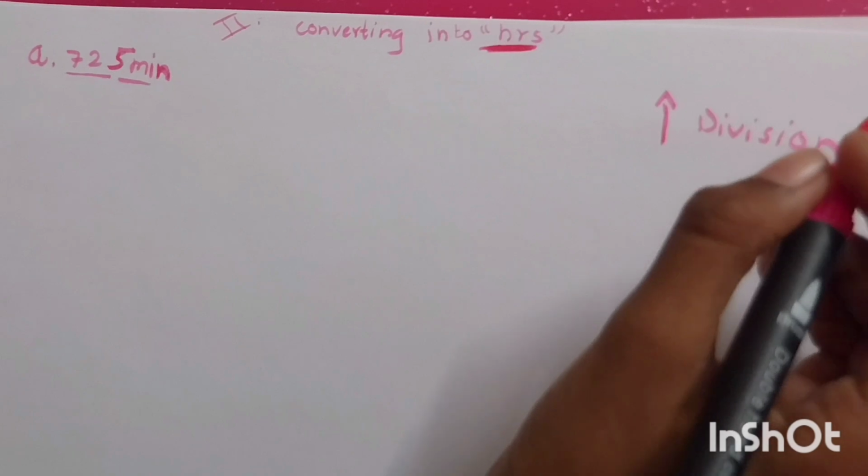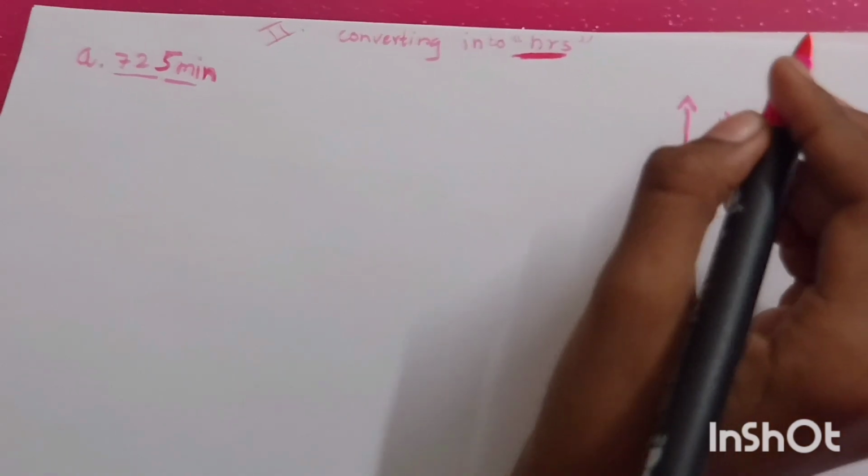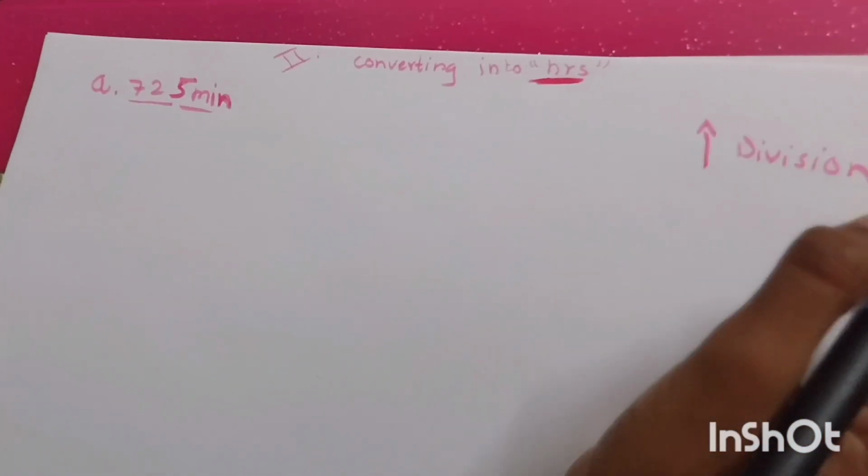In the previous video, for the lower unit, it was multiplication, but this one is the opposite. Multiplication goes with smaller, and division, the opposite, goes with greater.